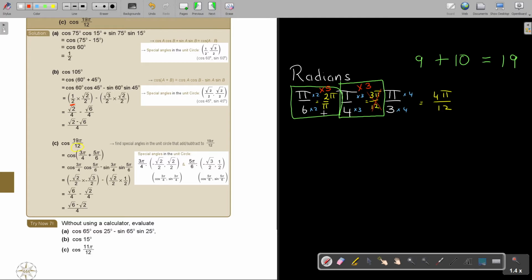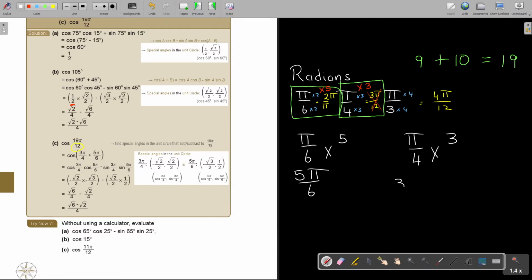Okay. So I'm going to work with this too. You can work with the original one, which is pi over 6, and I times it with 5. And it's going to be pi over 4, and I times it with 3. Because it's 5 times as big, this is going to be 5 pi over 6.